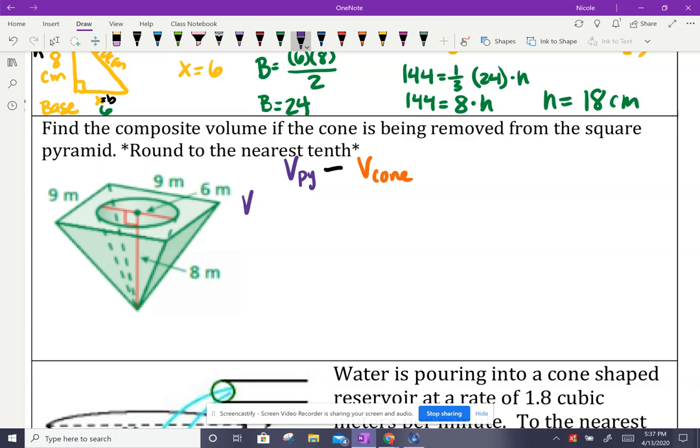So for the volume of the pyramid, I'm going to take 1/3. It is a square base, so the area of that base would be 9 times 9, and then the height is 8. I'm going to switch calculators because this is not working.